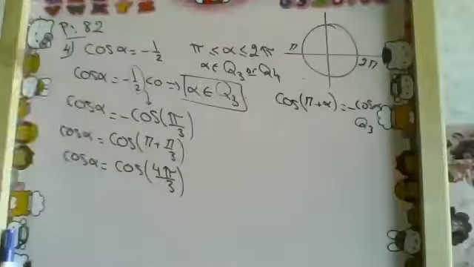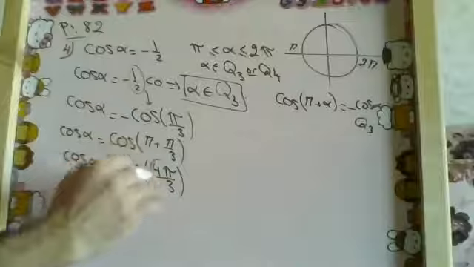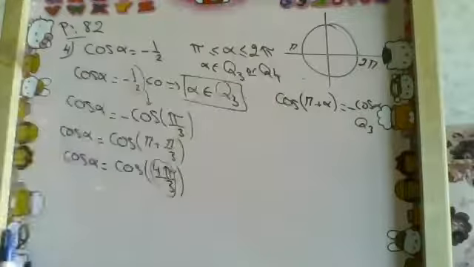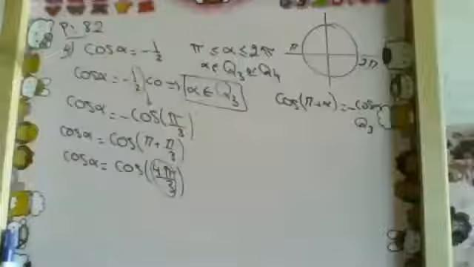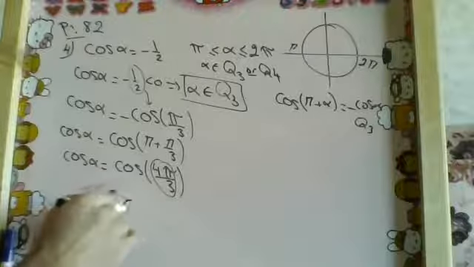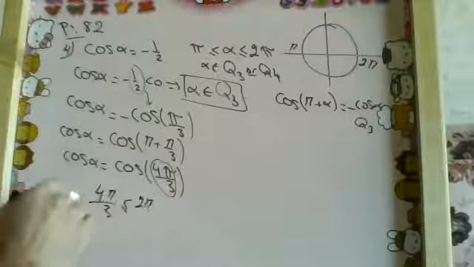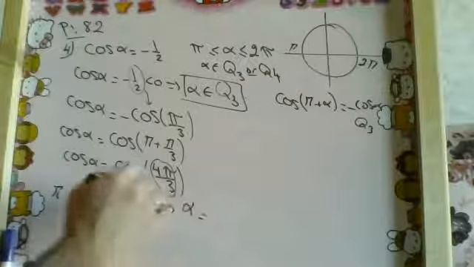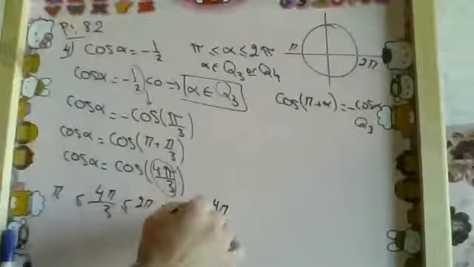Take common denominator. Now, 4 pi over 3, is it in the interval? Yes, it is between them, because 2 pi is 6.283 and pi is 3.14, so alpha turned out to be 4 pi over 3. So alpha is 4 pi over 3.